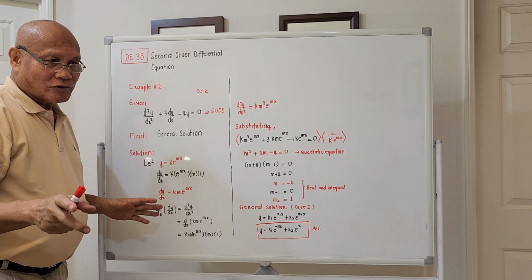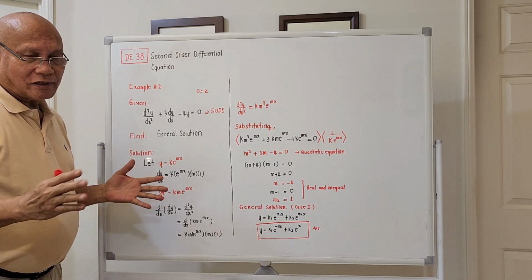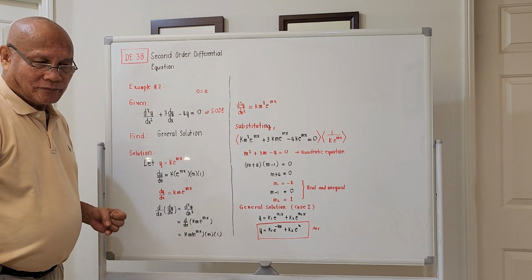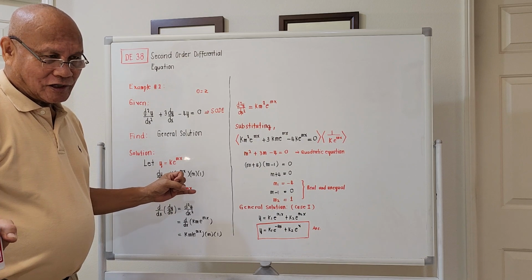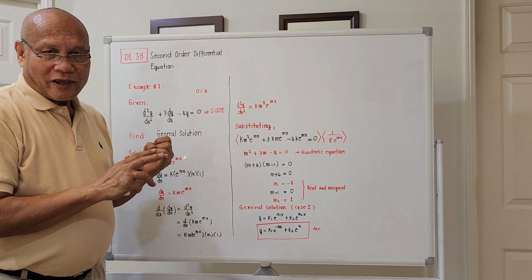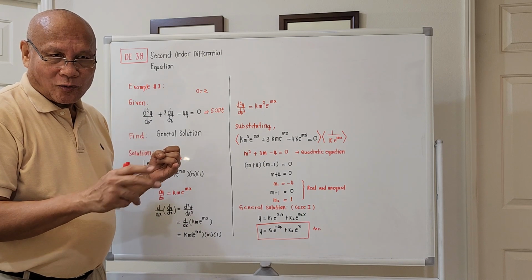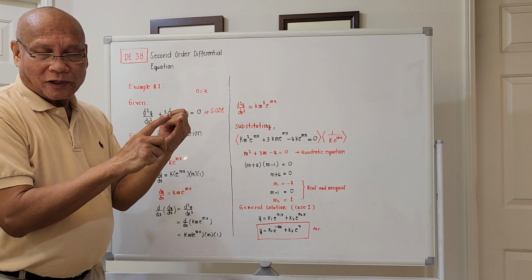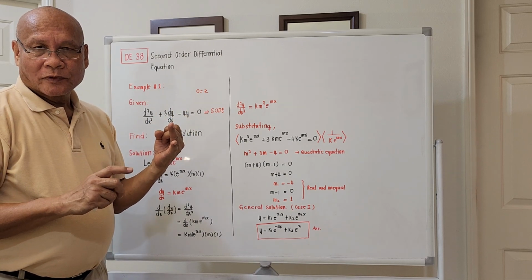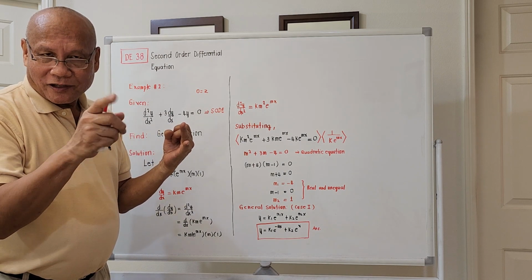I've discussed the solution under DE35, and there are actually 3 general solutions for a second order differential equation. I will discuss briefly. Case number 1, if the roots m1 and m2 are unequal and both real. Under case number 2, if the roots m1 and m2 are equal and real.